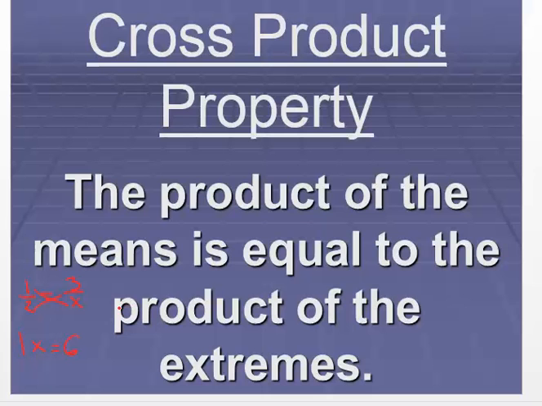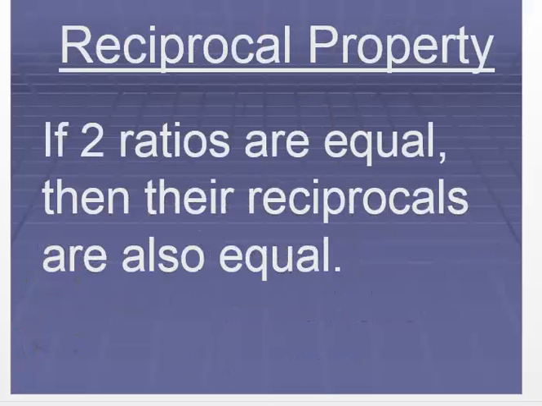We also have one called the reciprocal property. If two ratios are equal, then their reciprocals are also equal. So if A over B equals C over D, then we know that I can do the reciprocal of both of these. And you want to make sure you do the reciprocal of both.